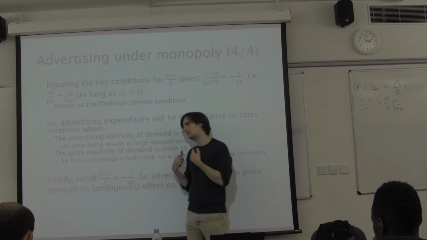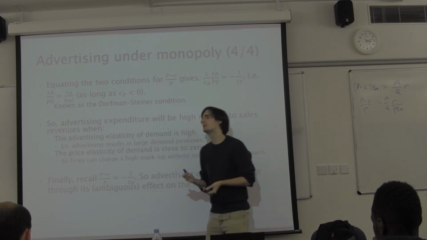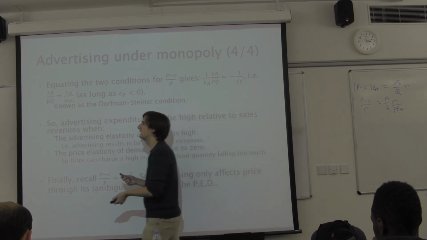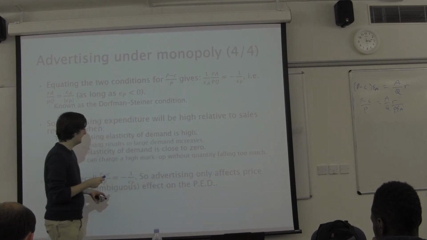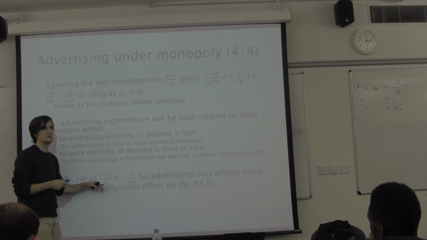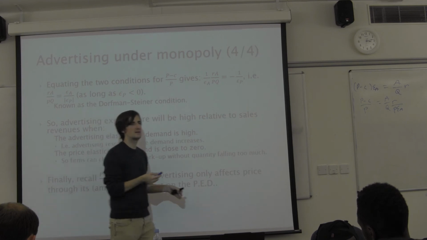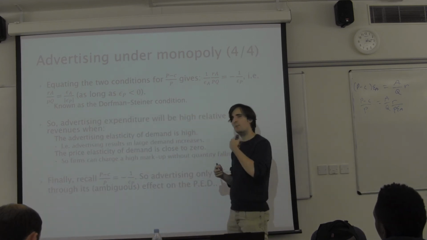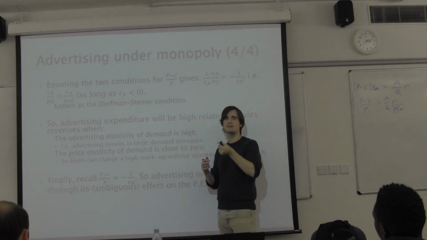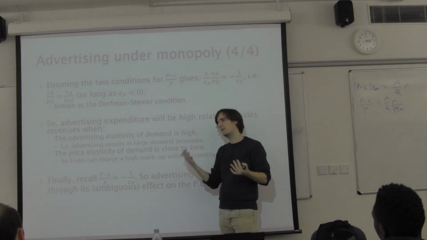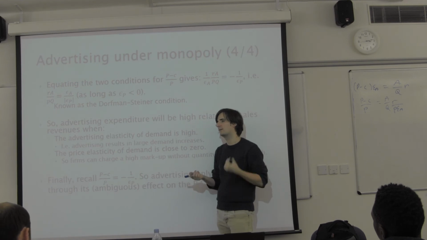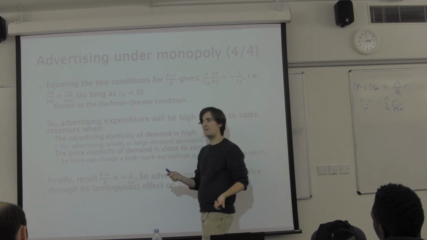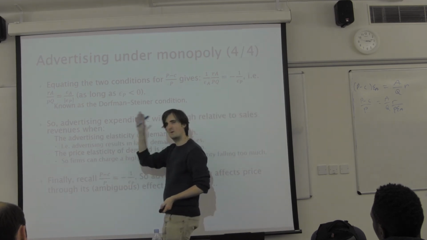If advertising has no effect on the price elasticity of demand, then the price isn't going to change whether there's more or less advertising. The only way advertising has an effect is if more advertising makes demand less elastic. So that's what you might expect: advertising is going to reduce this elasticity, and that's going to increase the price.